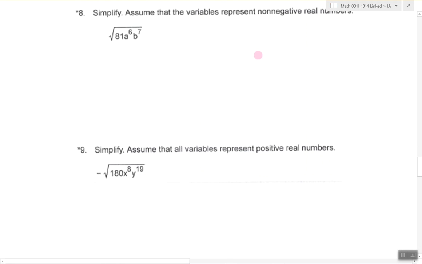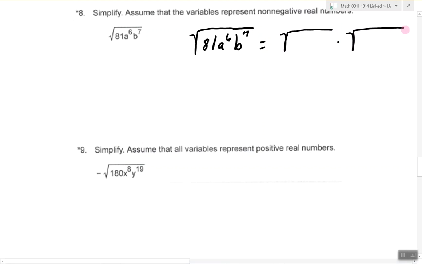Let's look at number 8. Put several things together. What's the square root of 81, a to the 6th, b to the 7th? Okay, I have numerical coefficients and I have variables with powers. Nevertheless, I still am going to factor. The front radical will contain all perfect square factors. 81 is a perfect square, so I don't have to worry about it.